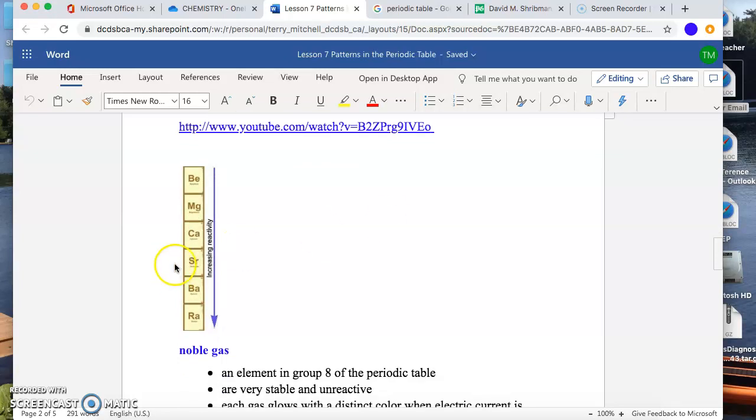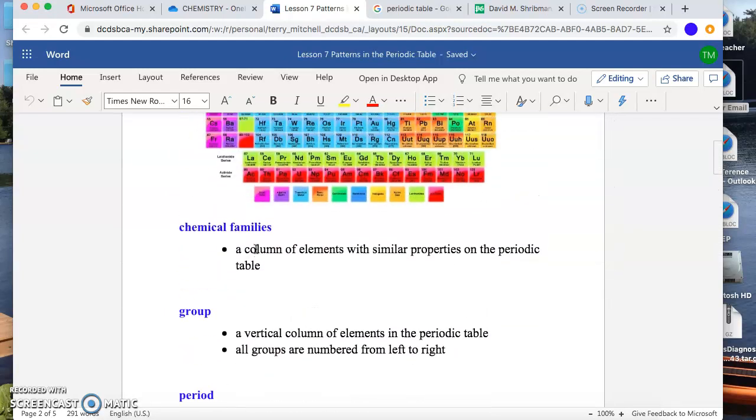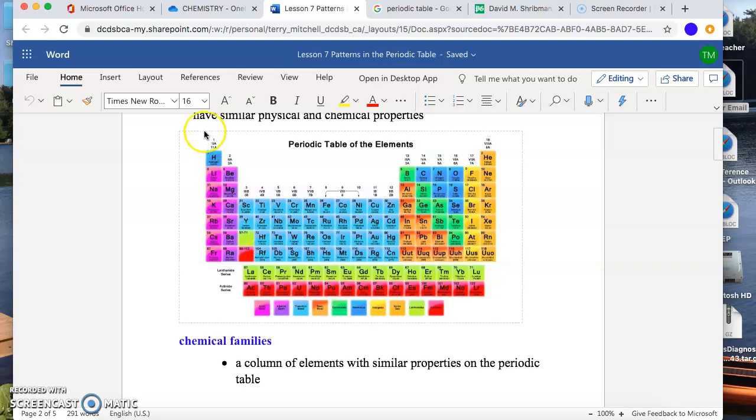Now, you'll notice next to this family here, it says increasing reactivity going down. So I would also, on your periodic table, have you label this up. On the metal side, things get more reactive as we go down. So lithium is reactive, very reactive.